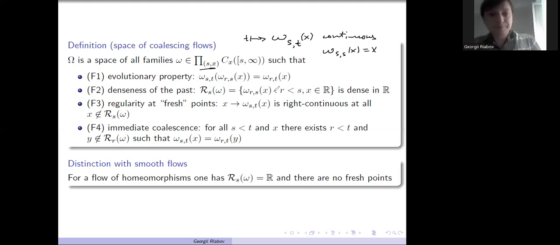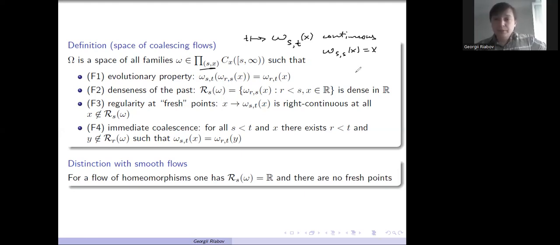Omega consists of such families omega small, for which, first of all, the flow property holds. Second is the so-called denseness of the past.